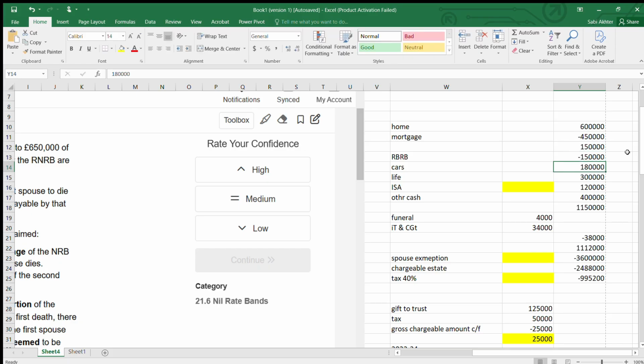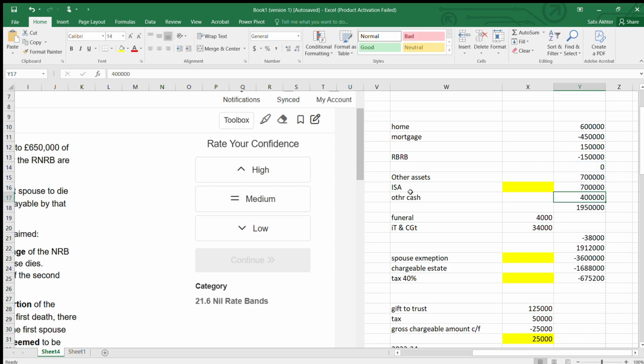Okay. So the sum function. And now your other assets. Other assets are 700,000. And the total will be 700,000.